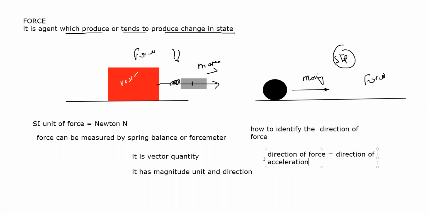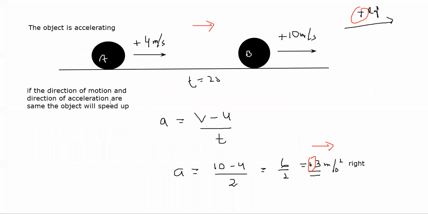When we apply a force on the object, it will accelerate. So the direction of acceleration and the direction of force are always the same. Like in the previous examples, the object was accelerating. If I ask you to identify the direction of the force, you have the direction of acceleration. If the direction of acceleration is towards the right, the direction of the force is also towards the right.